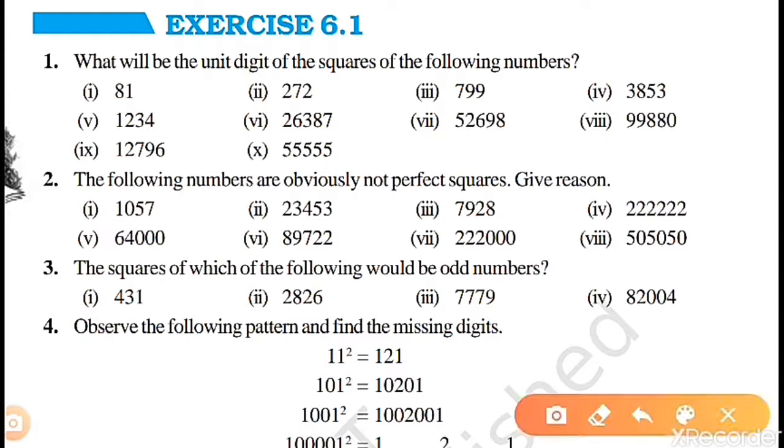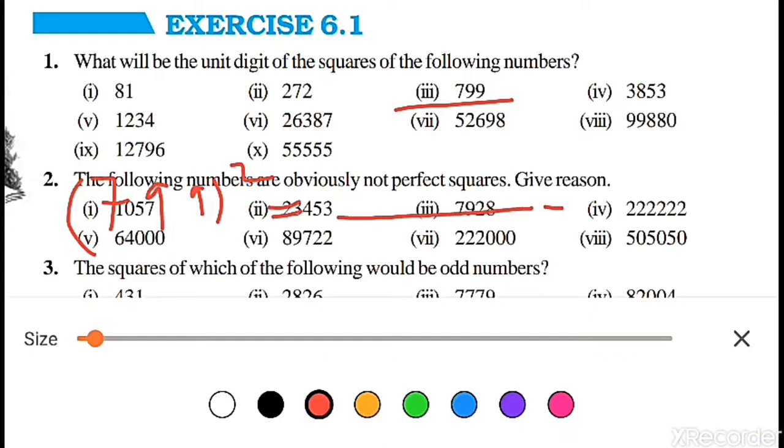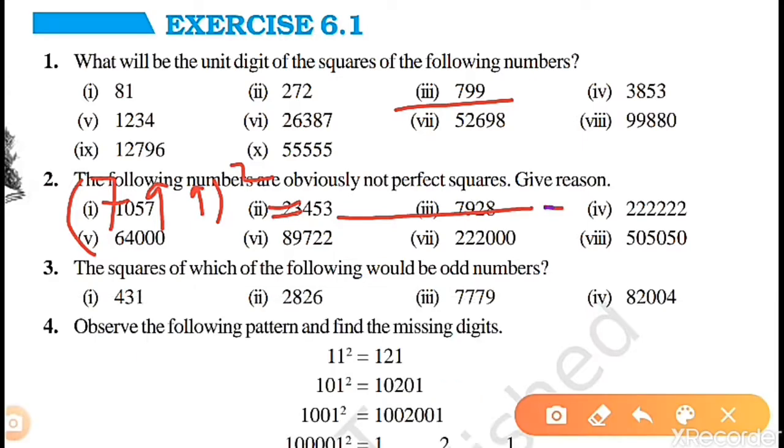Similarly, for the third question, that is 799, on squaring this we have to calculate the digit at the unit place. In order to find the last digit, we will see the digit the number is ending with. It is ending with the digit 9, and we know the square of 9 is equal to 81.